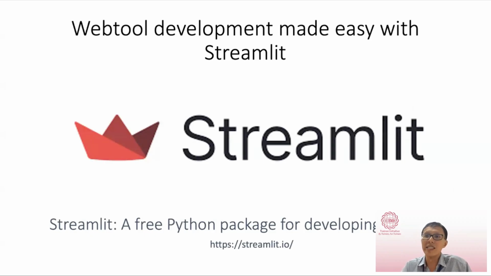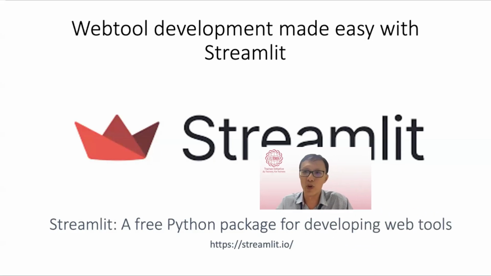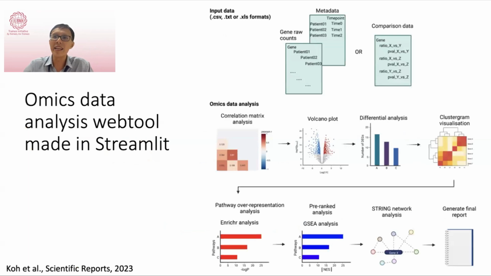We have also used this Streamlit to make multiple packages for clinicians and other researchers who do not want to venture into programming. One example is this omics data analysis tool that allows users to just upload the data, for example, gene expression data or protein data.